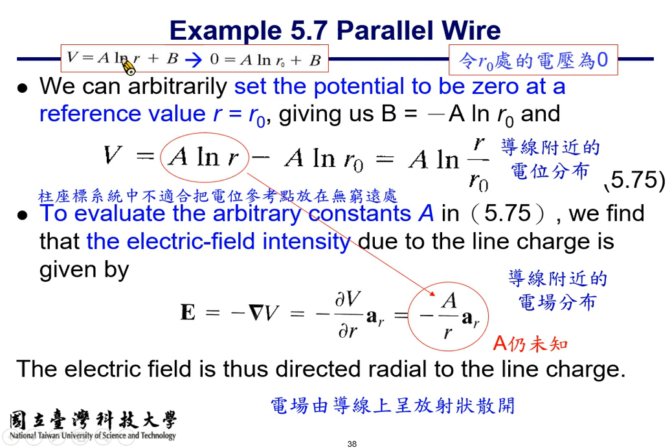So let's say the zero voltage reference is located at R sub 0. It can be anywhere, but we'll just refer to it as R sub 0.